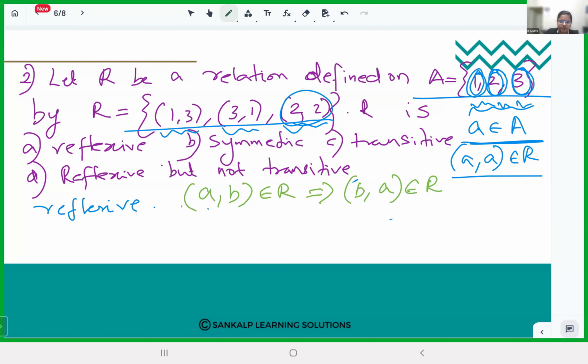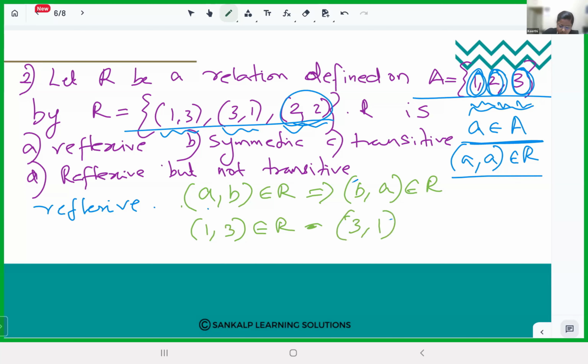Let's check whether it satisfies all those conditions. We'll start with (1, 3). It is an element of R. Now we should find an ordered pair that starts with 3 and ends with 1. Does (3, 1) belong to R?